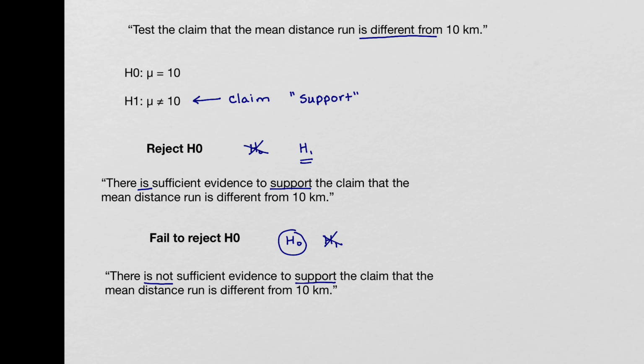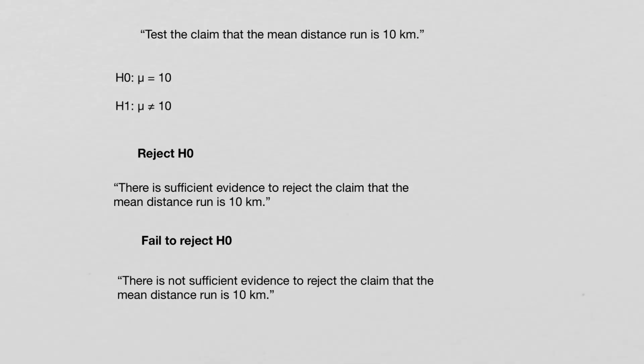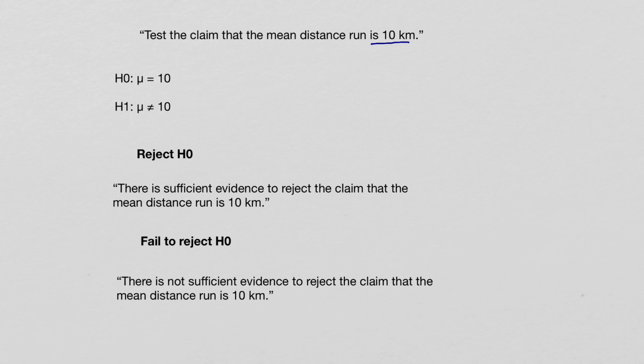What if the null hypothesis is the claim? So now we have the null hypothesis, again, is mu equals 10, because our statement is that the mean distance run is 10 kilometers. The alternative is mu is not equal to 10. But our claim now is the null hypothesis because the claim said the mean is equal to 10.